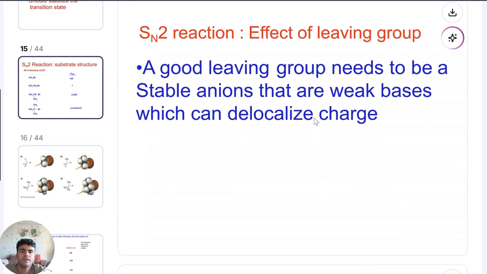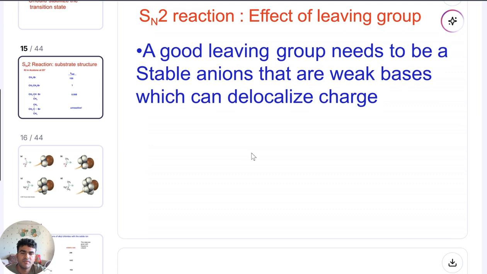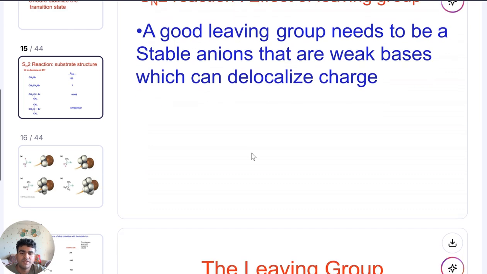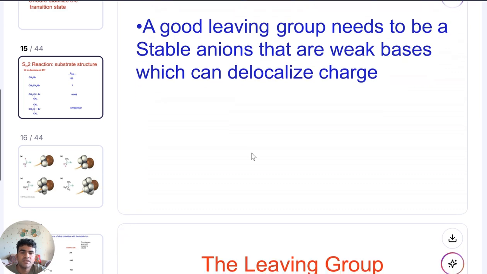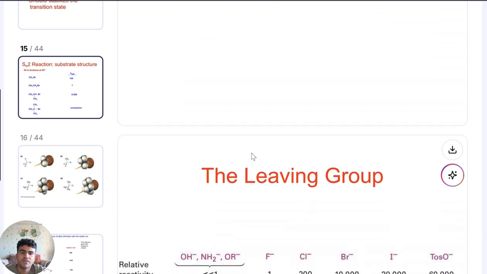Now there is the effect of a leaving group. A good leaving group needs to be a stable anion, a weak base which can delocalize charge. What this is telling is that when the leaving group departs from the substrate, it must be stabilized. The negative charge should be stabilized.